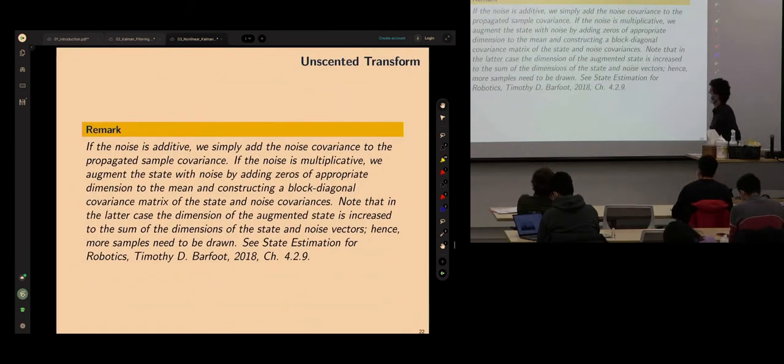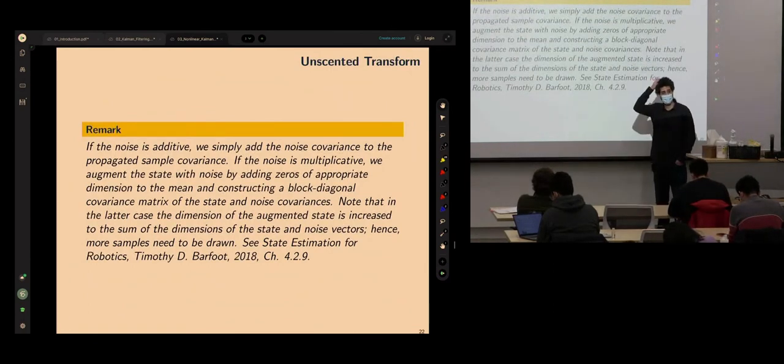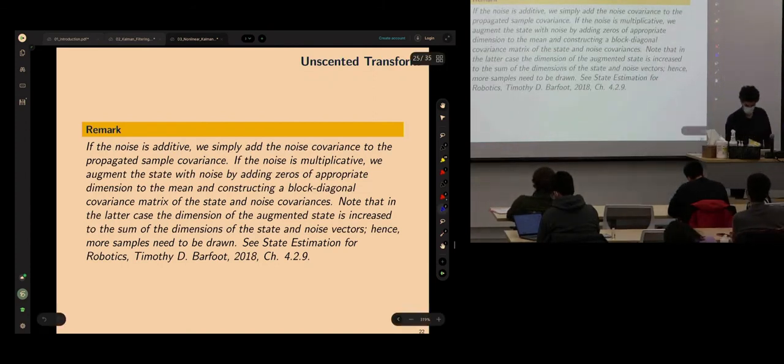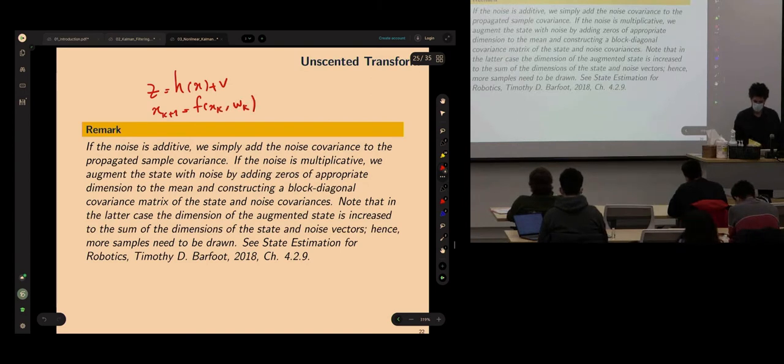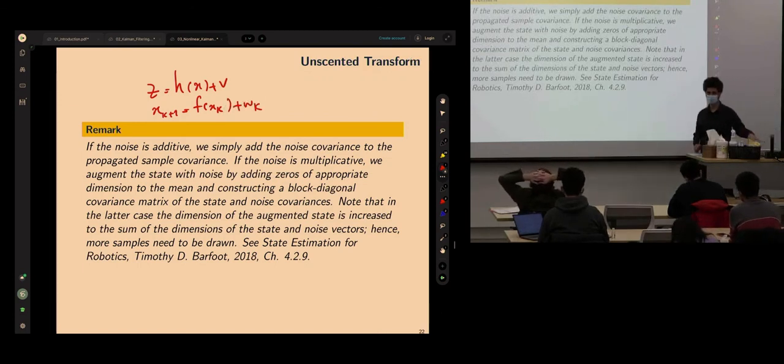One tricky part. If the noise is additive, you can just do this unscented transform for the nonlinear part.